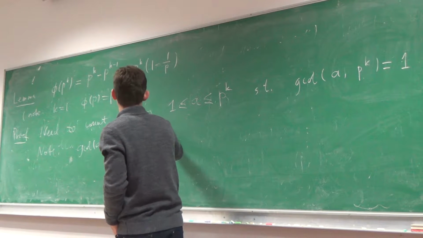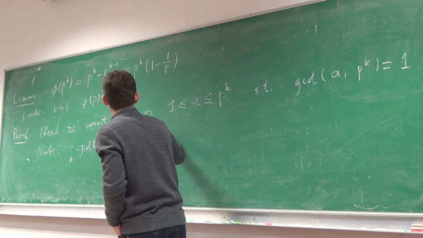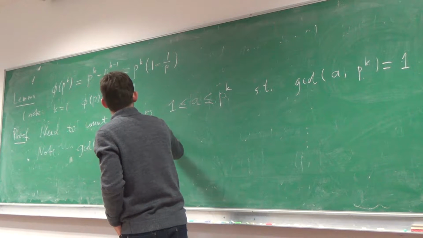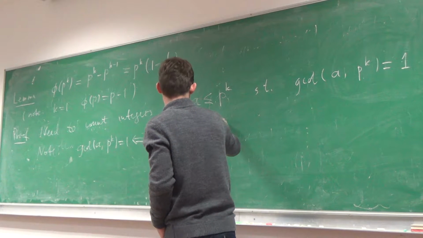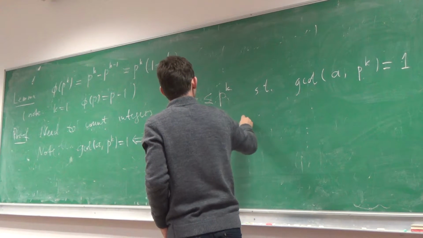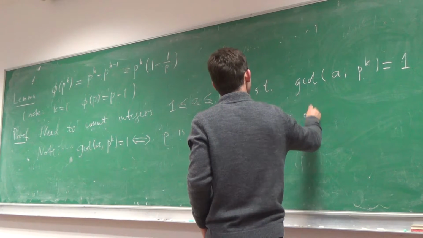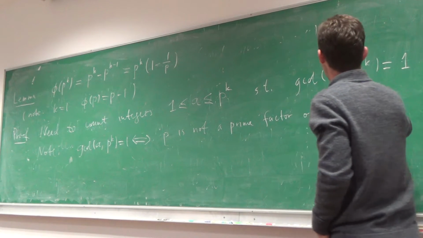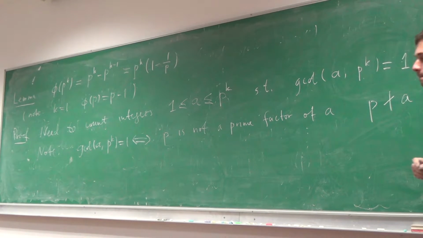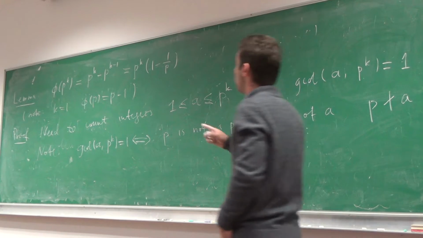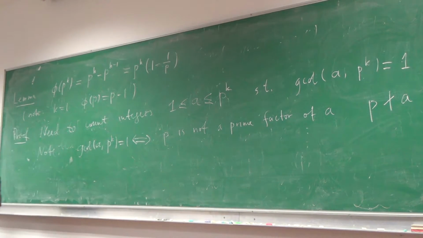So it's the same as to say that p is not a prime factor, or prime divisor, of a. In symbols, p does not divide a. Being coprime with a prime power is the same as being coprime with the prime itself.